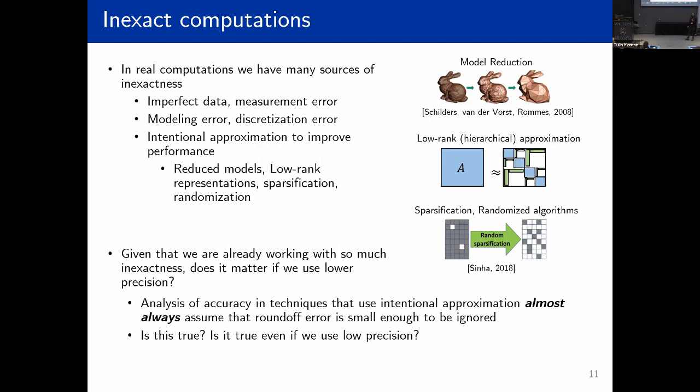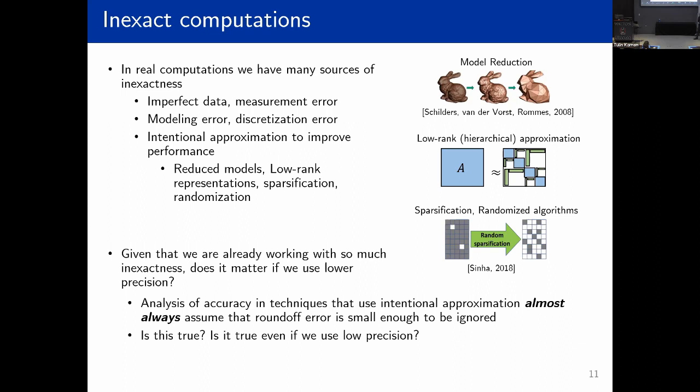In double precision, 10 to the minus 16, people usually say, okay, I can ignore that. I'm making much greater errors when I'm doing these higher level algorithmic approximations. And so in a lot of papers on these topics, you'll see that floating point roundoff error is totally ignored. And that's fine a lot of the time.